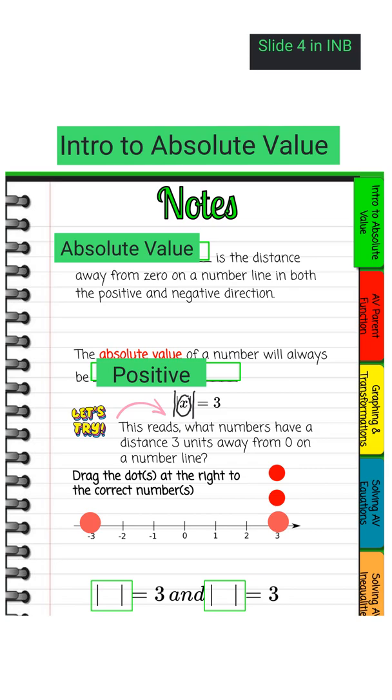So the answer for x that would go inside those absolute value bars, if I want it to equal 3, could be 3, or it could be -3. So x could equal 3, or it could equal -3.